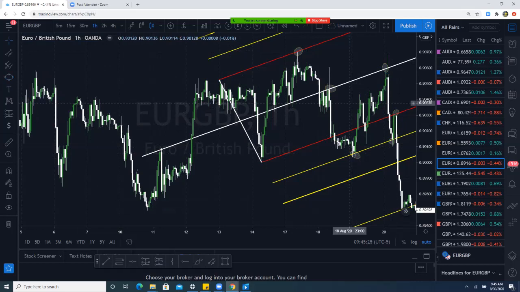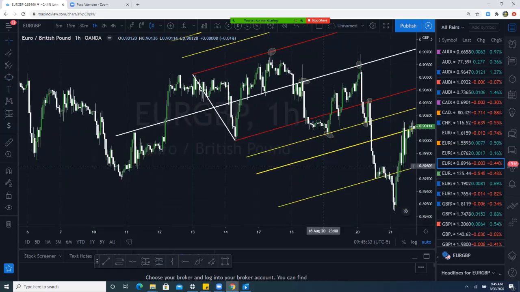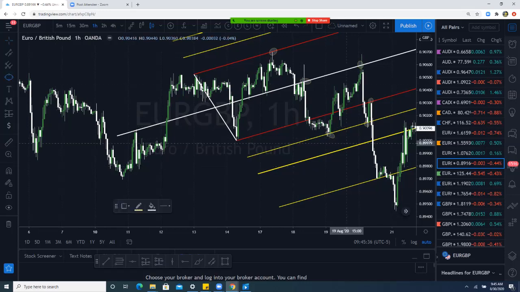There's people that only trade pitchforks and make a lot of money, because if you know how to draw it correctly, it can be a very accurate tool in finding price reversal or price continuation zones. The price respected this little bit. It broke and it retested this point.